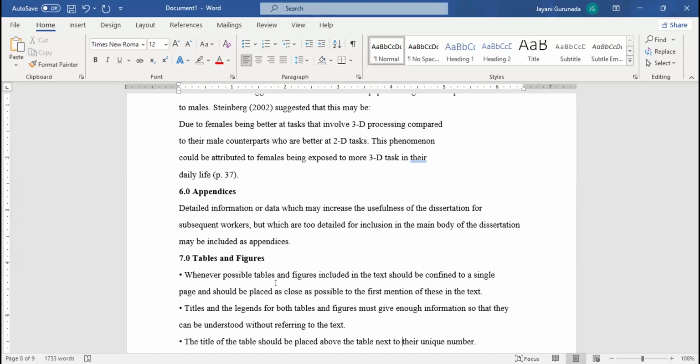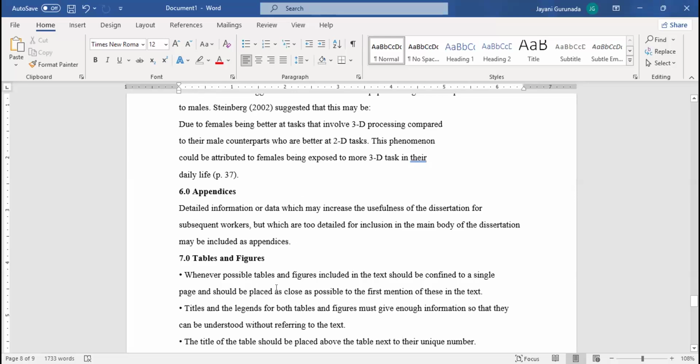Detailed information or data which may increase the usefulness of the dissertation for subsequent workers. So whatever you have done during this research, but which are too detailed for inclusion in the main body, you can't include them because then it extends a lot. So therefore you are using it at the end as appendices, right? So you have to name them appendix 1, appendix 2, like that.